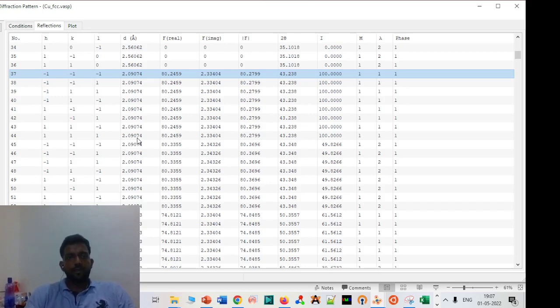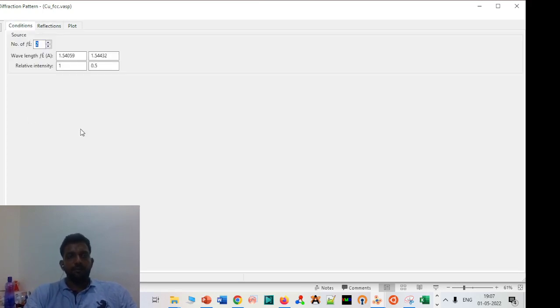We can just generate the structure and we can have an idea of what kind of XRD pattern we can expect from our system. So yeah, there are some conditions. I think most people know this. You can change the source to one, meaning one type of radiation you are using.